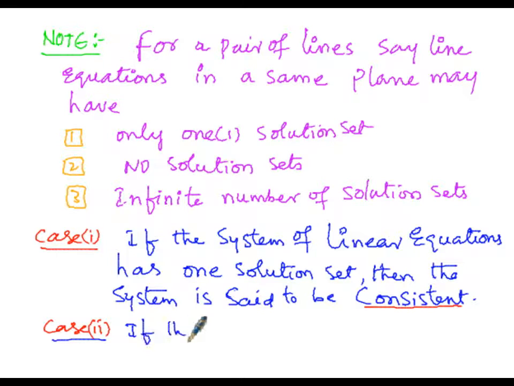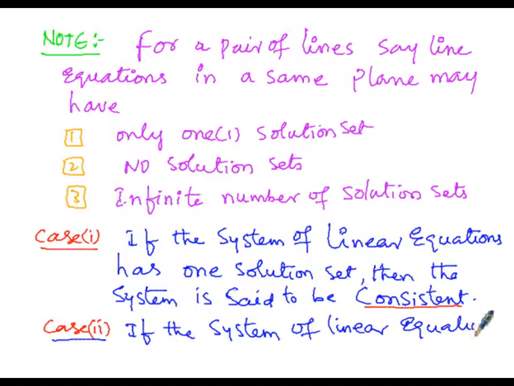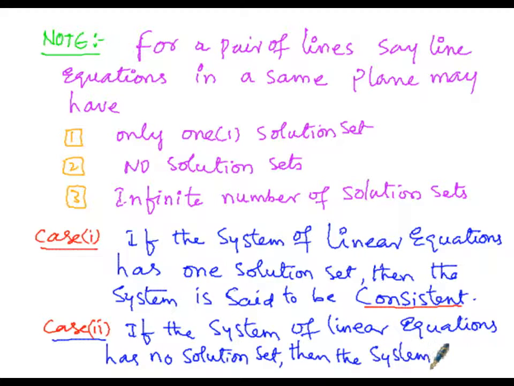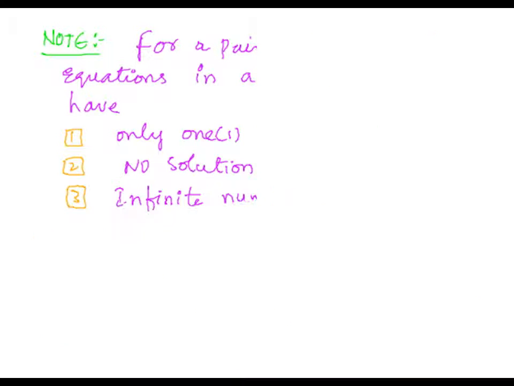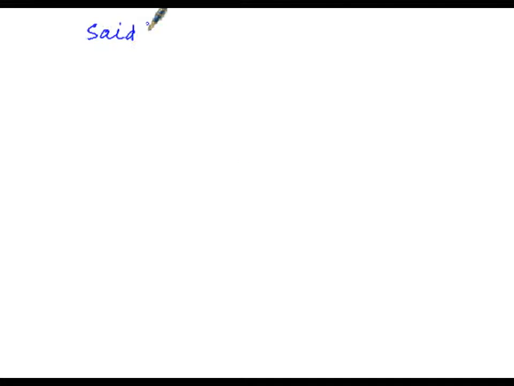So if the system of linear equations has no solution set, then the system is said to be inconsistent.